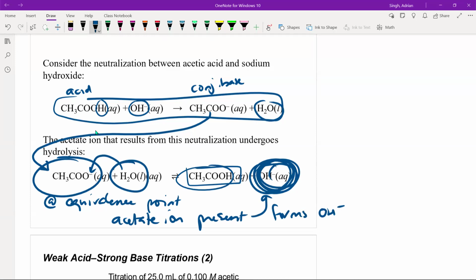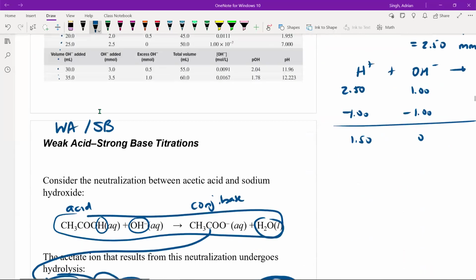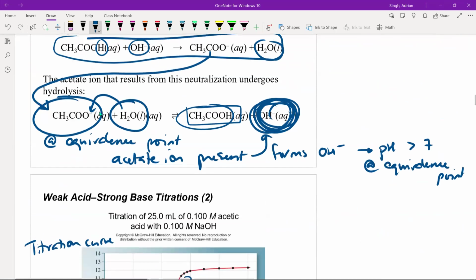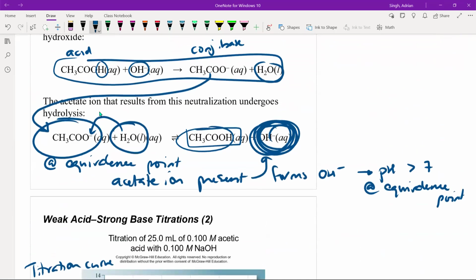So it forms a hydroxide ion, and as a result, the pH is going to be greater than 7 at the equivalence point. Right, and that's why the equivalence point is higher. It's over here as opposed to exactly 7 with the strong acid, strong base titration.